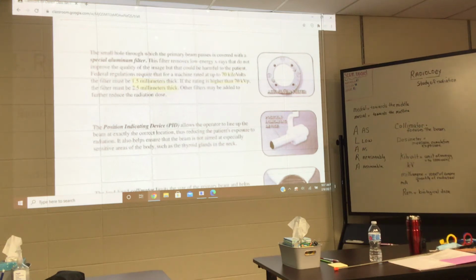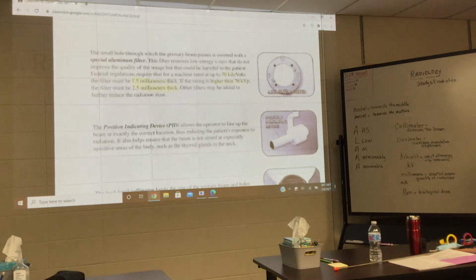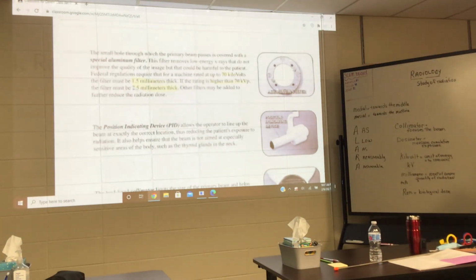Up to 70 kV. If the rating is higher, that means increase or higher, okay? An arrow up. Increase of 70 kV, it must be 2.5 millimeters thick. Other filters may be added, but this is required.